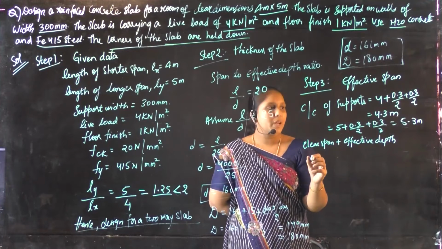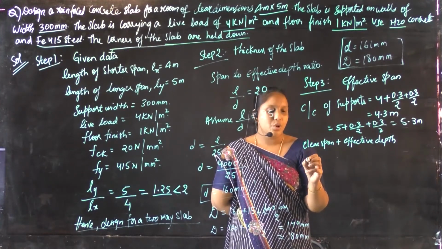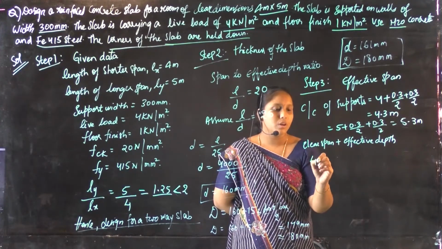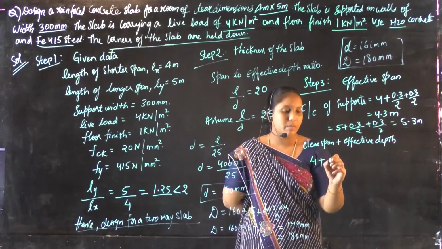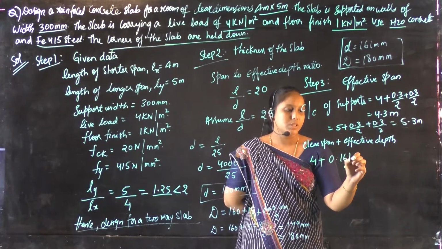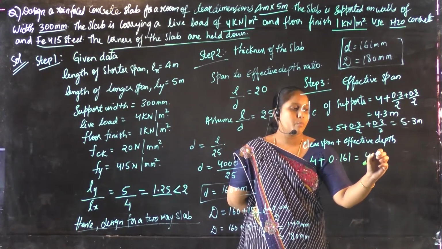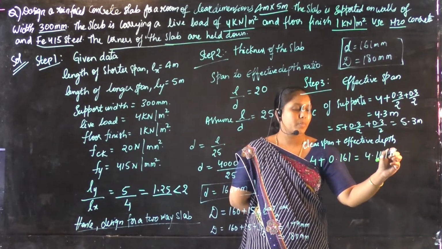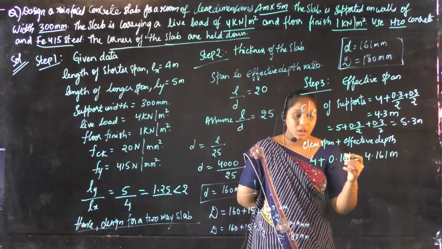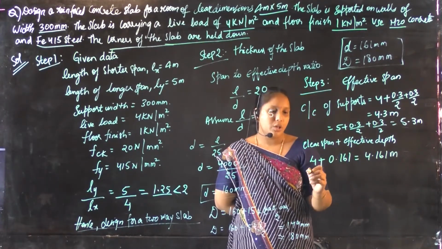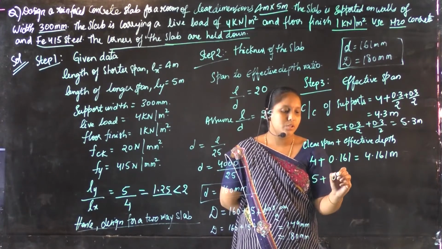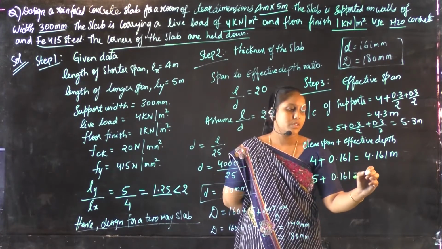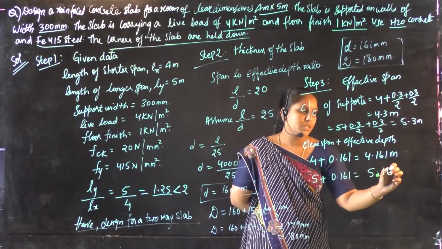Along the shorter direction it is 4 plus the effective depth, which is 161 mm, so 0.161. It will give you 4.161 meters. And along the longer span it will be 5 plus 0.161, which will give you 5.161 meters.